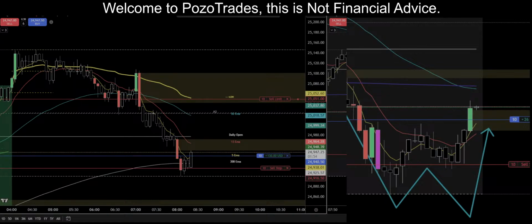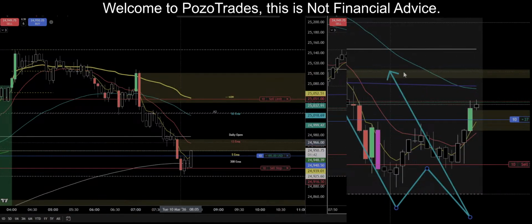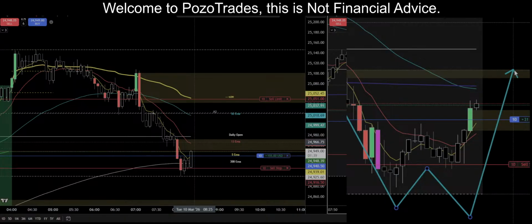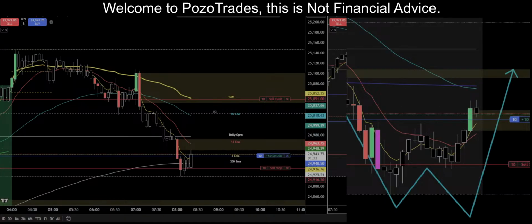Let's see if we can get over the 50 on the 1 minute. Worst case, this is a rejection and a continuation lower.